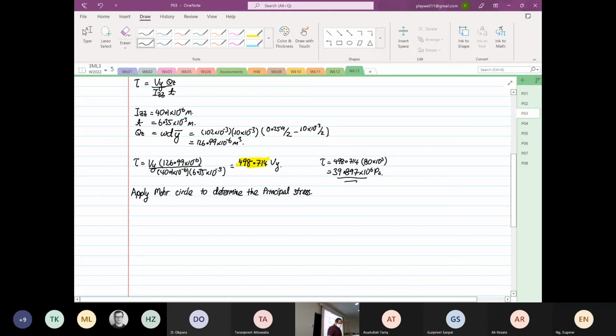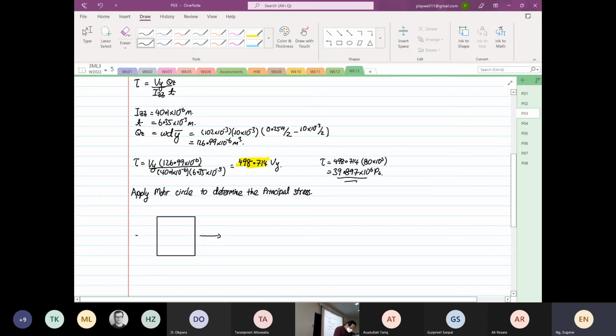Okay. So if we look at our element, we draw our element. Because the structure is symmetry, compression and tension are the same magnitude. Okay, so I'm going to assume it to be tension.